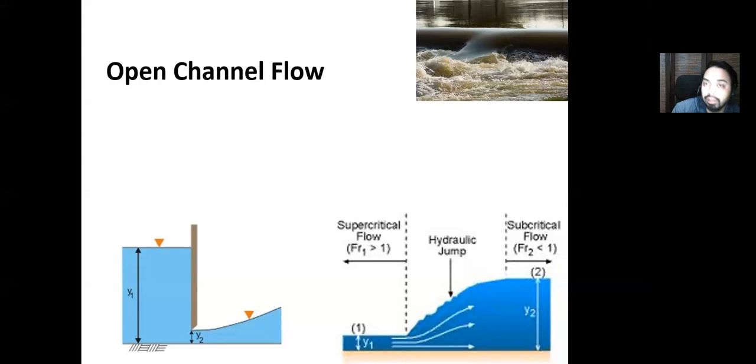So that will modify a bit the continuity equation and also the energy equation for this kind of flow. But they have a lot of applications, for example, flow on a dam, on a river bank, on a channel, open channel like a gutter and so on. So it also has important applications.